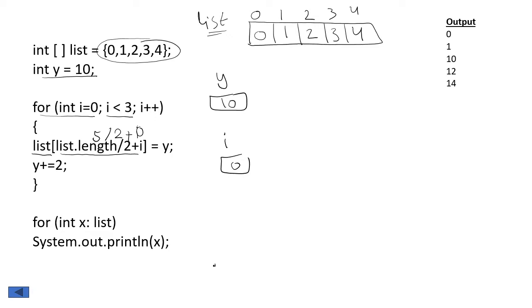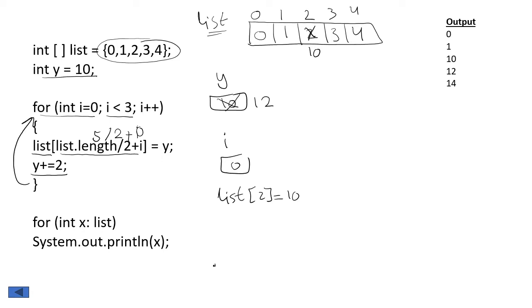This is similar to saying list at location 2 should hold the value of y, which is 10. So go to your array at location 2 and save the value 10. Then increment y by 2, so the value of y is 12.